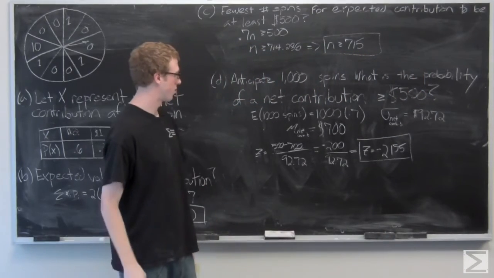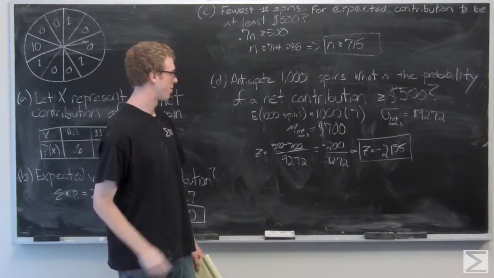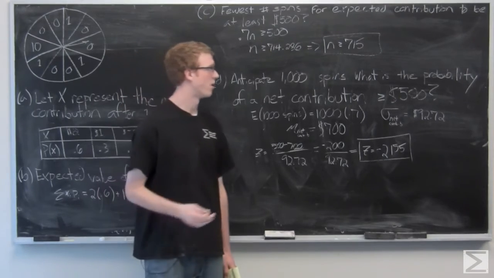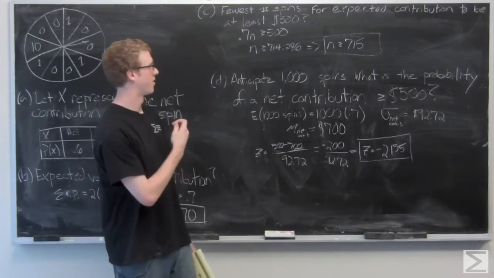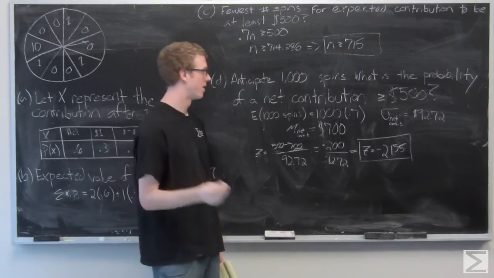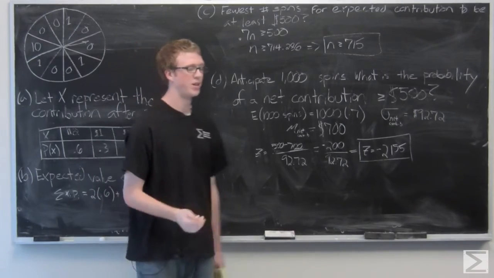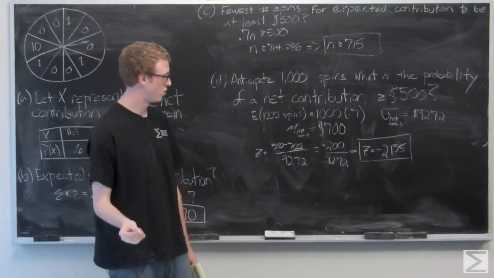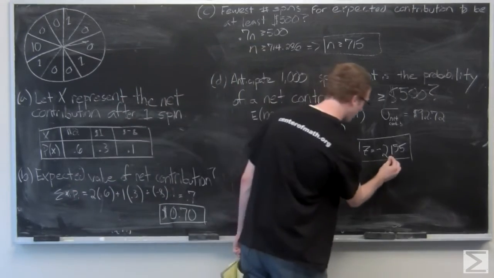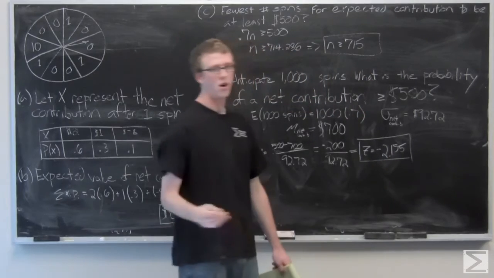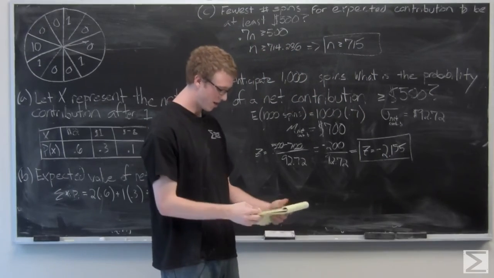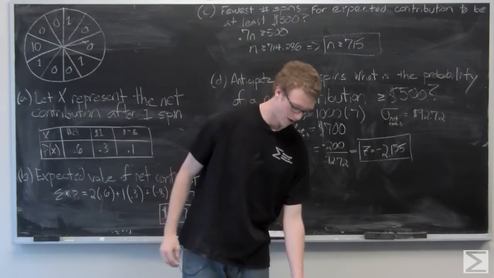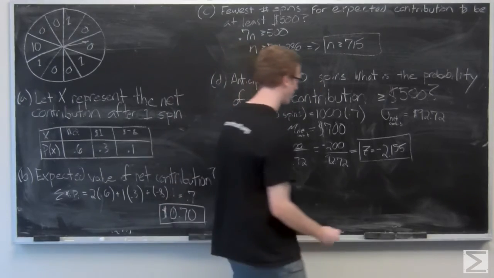And we're just looking for now the probability that 1,000 spins is going to generate greater than or equal to 500, which is just going to be the probability that z is greater than or equal to negative 2.155. All you're going to have to do is look up this value in your table, and we're going to get 0.9844.